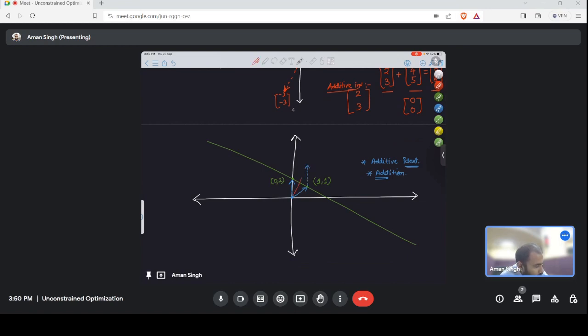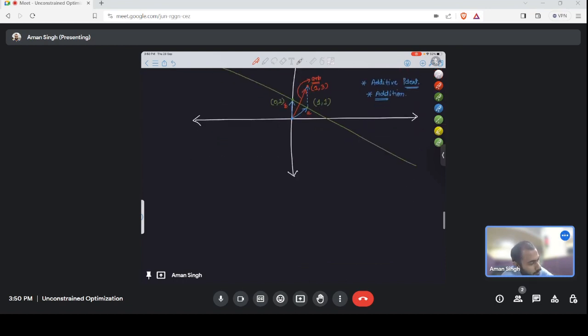This is their addition. Let's call this A and this B. This is A plus B, which will be 1, 3. And if you see, this does not belong to the line. So it does not follow the first property itself. So this line is not a space.